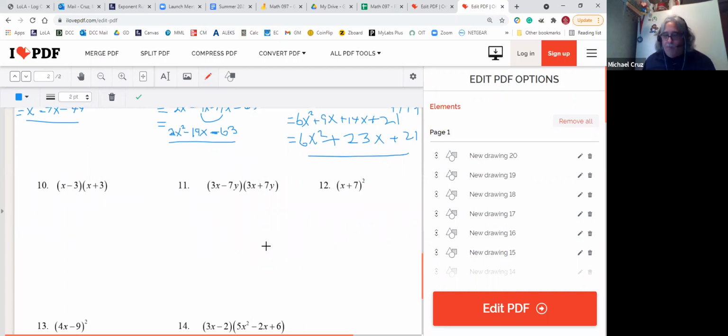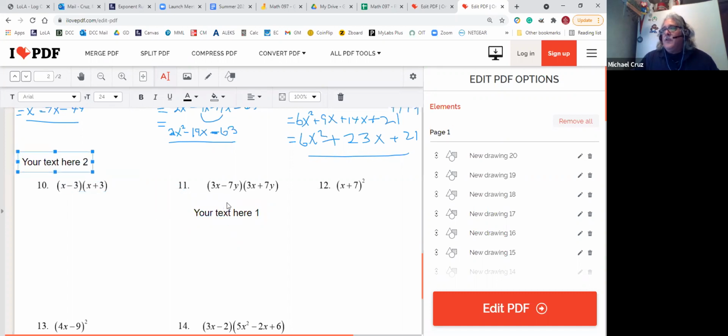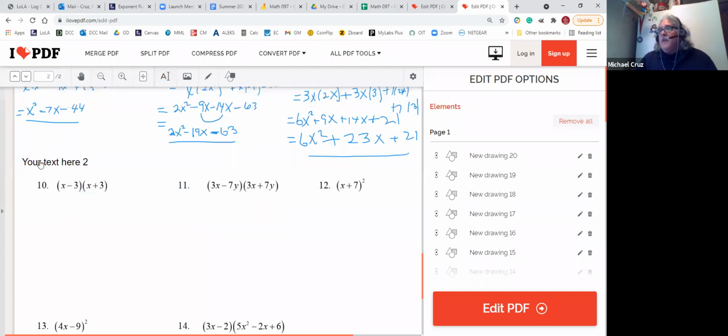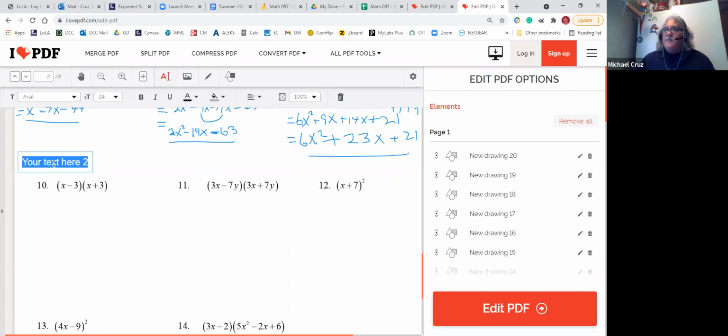All right, let me give you a little bit of help with this one. This 10 is called the difference of squares. It's not so important to know that term, it's just if you understand the principle behind it.